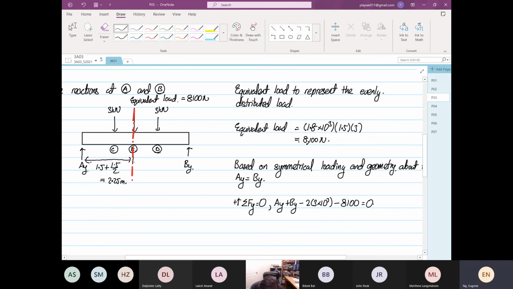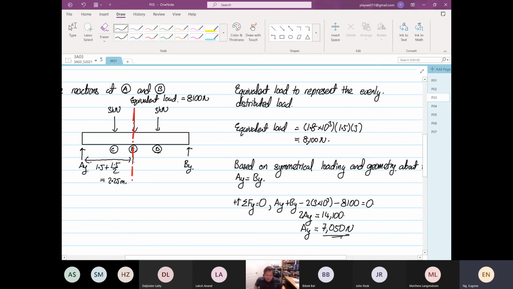Because AY is equal to BY, 2AY is equal to 3 times 10 to the power 3 times 2 plus 8100, which is 14,100. So AY is equal to 7050 Newton.